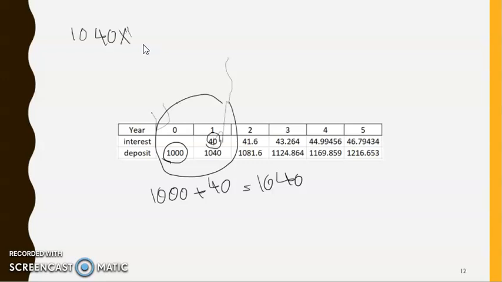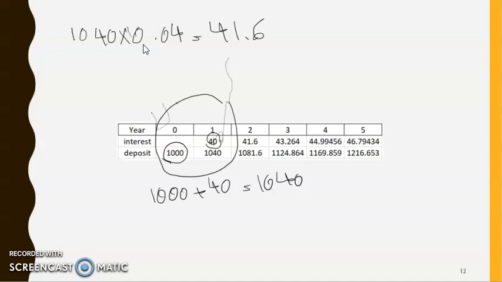So you are gonna get interest over this with 4% number that gives this 41.6 as the interest here. So the interest that you get for year two is higher than the interest you get in year one because the amount of money you have in the account is different. So you have 41.6 as the interest for year two.